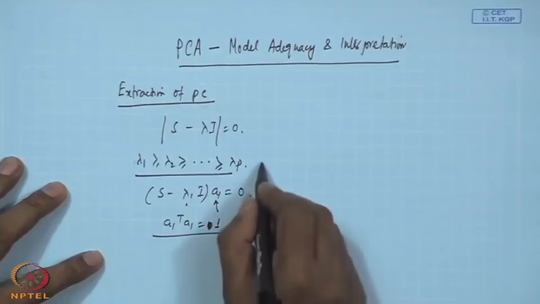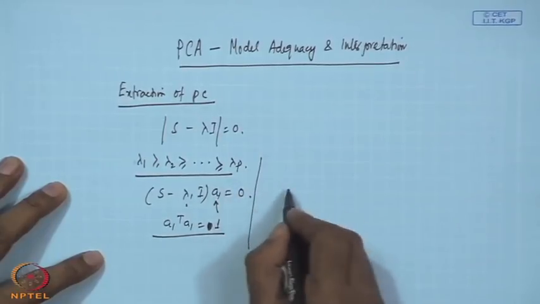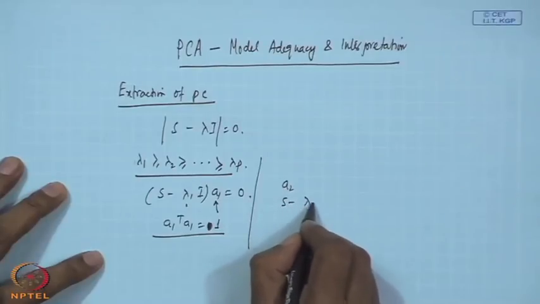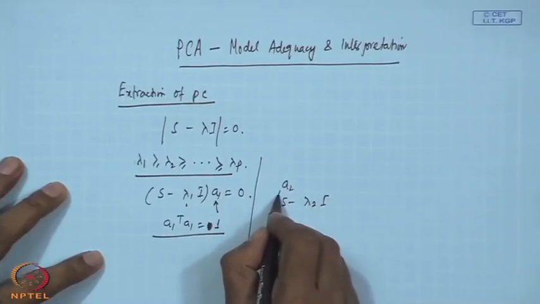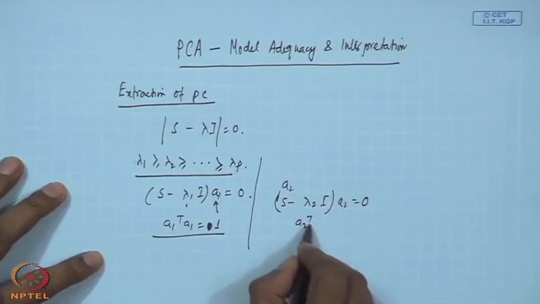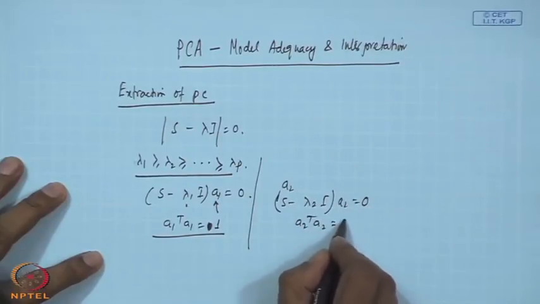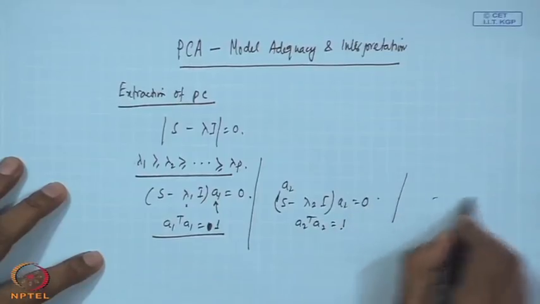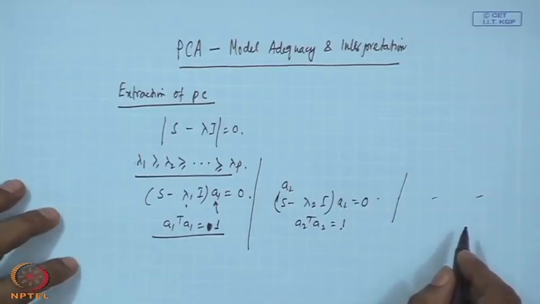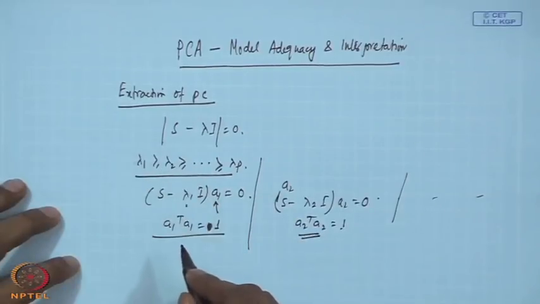So, similarly you can find out A2 using S minus lambda 2 I A2 equal to 0 and A2 transpose A2 equal to 1. In this same manner you will be able to find out the eigenvectors.